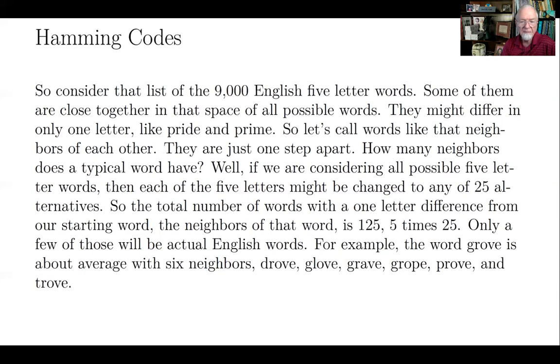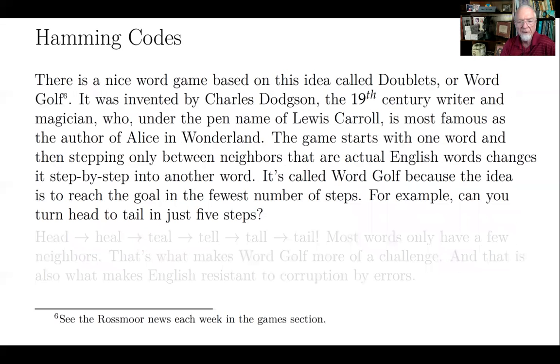Well, we can consider all possible 5-letter words, and then each of the 5 letters could be changed by any of the 25 alternatives, and that would be 125, 5 times 25. Actually, only a few would be. So grove has on average 6 neighbors, not 25. Drove, glove, grave, grope, prove, and trove. So that's part of how we use the redundancy to see things better.